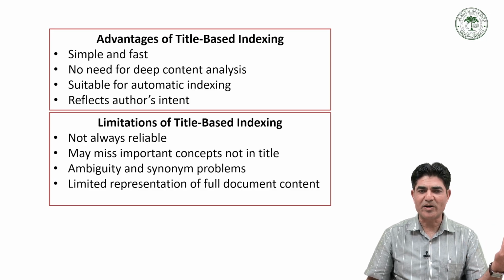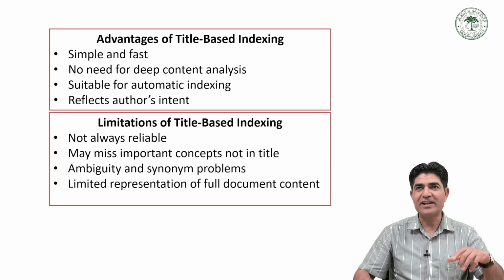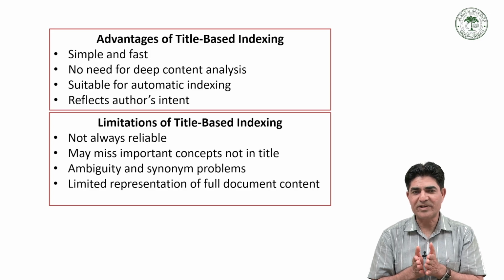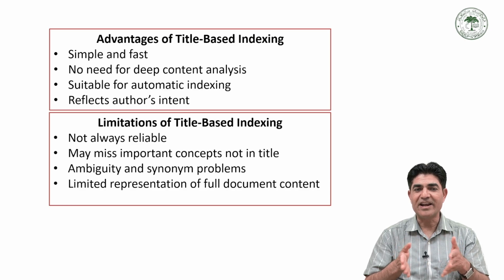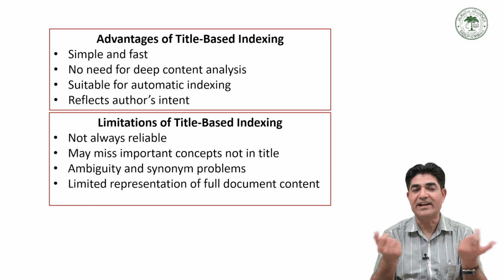Sometimes it may miss important concepts not in the title, because we use a few words to define all the content which is included in the document. So sometimes the important concepts which are included in the document cannot be defined by using the few words in the title.